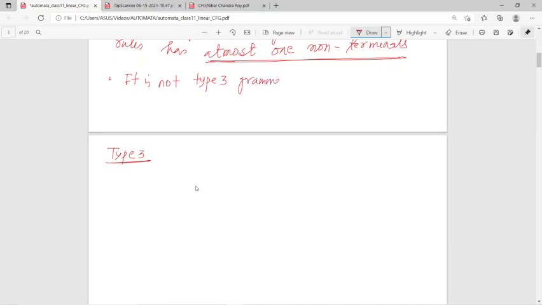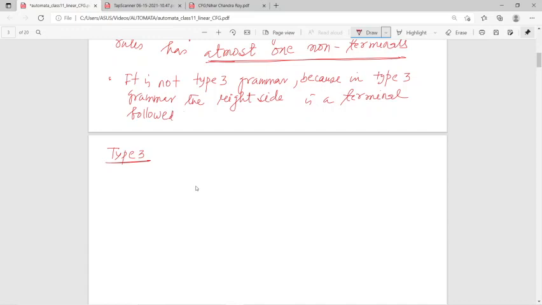It is not type 3 grammar, because in type 3 grammar, the right side is a terminal followed by a non-terminal, like that, from A to aB and A to b.